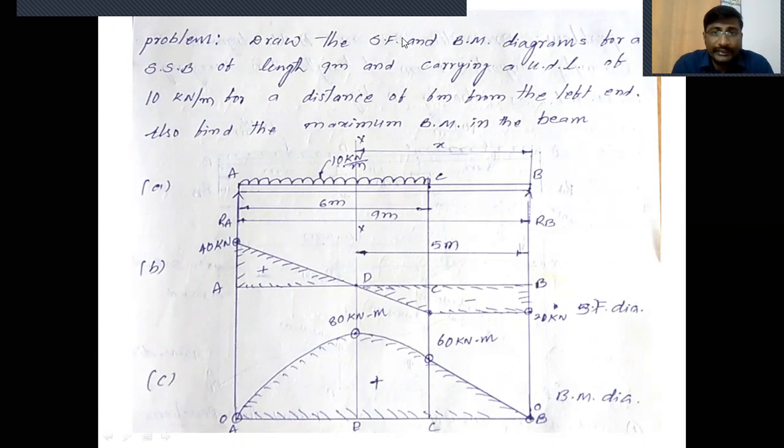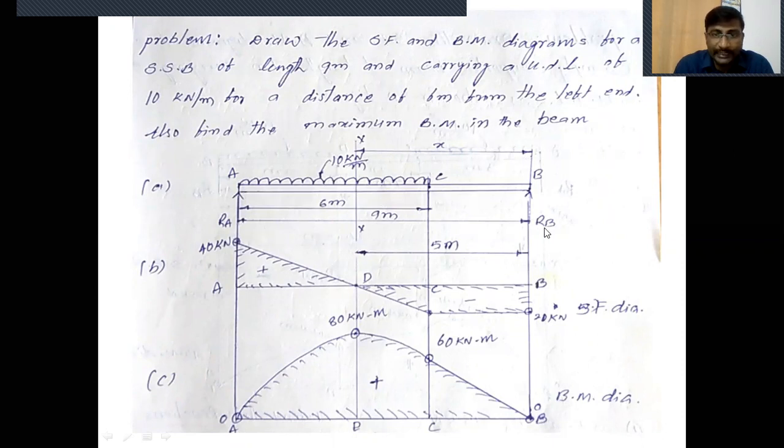Draw the shear force SF and BM diagrams for a simply supported beam of length 9 meters, carrying a uniformly distributed load of 10 kilonewton per meter for a distance of 6 meters, which is spread over a length of 6 meters on the simply supported beam, not over the entire length.